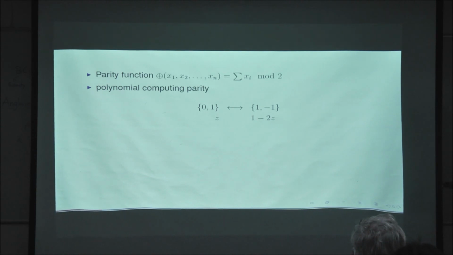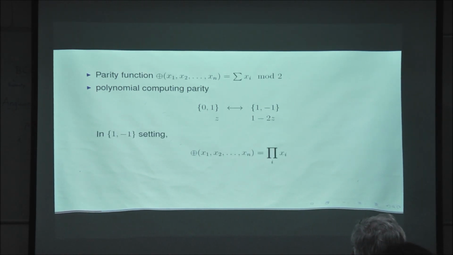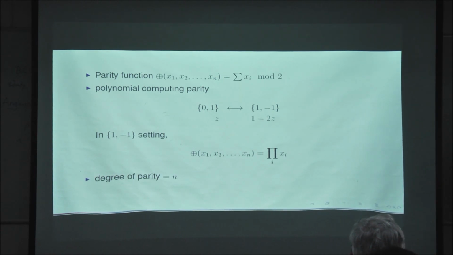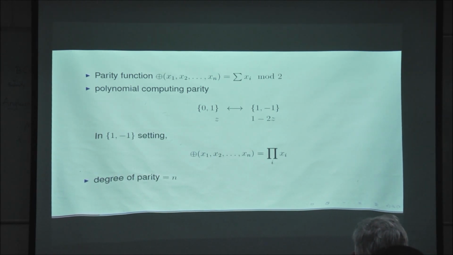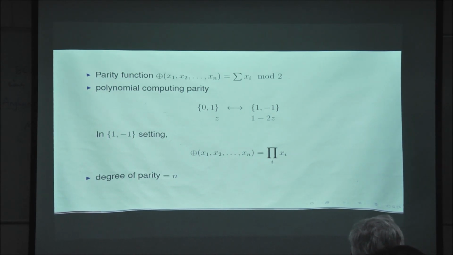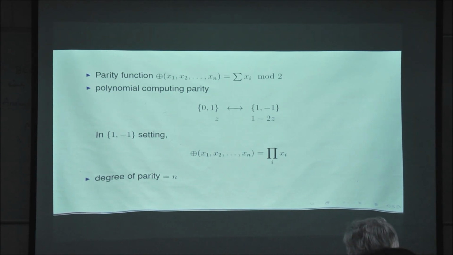You can use this to easily write down a polynomial representation of the parity function. It looks something like this. I just multiply these ones and minus ones together, and you can easily show that when you write parity as a polynomial, it becomes a degree n polynomial. So parity is a very complicated looking polynomial.